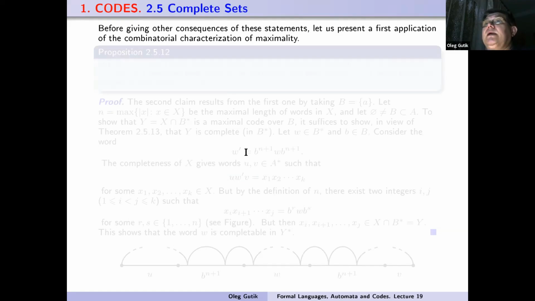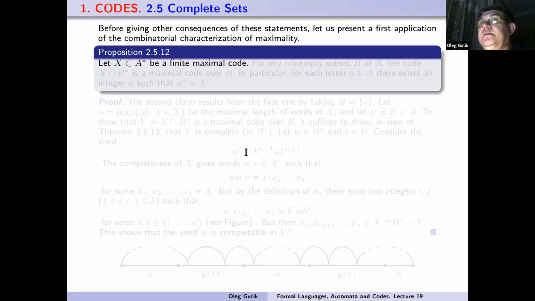Before giving other consequences of these statements, let us present a first application of the combinatorial characterization of maximal codes. Let X, a subset of the free monoid A star, be a finite maximal code.